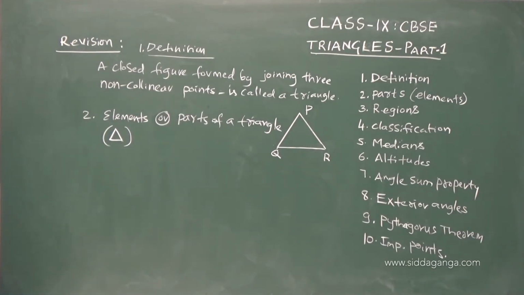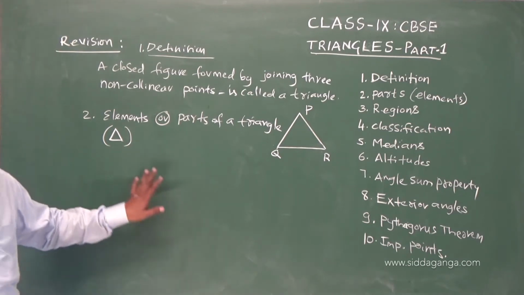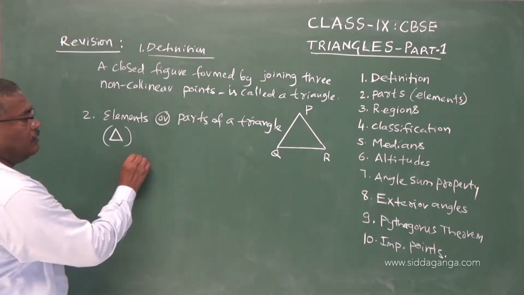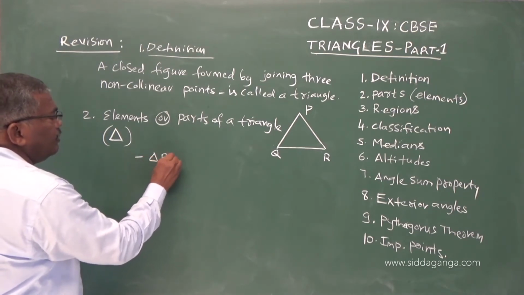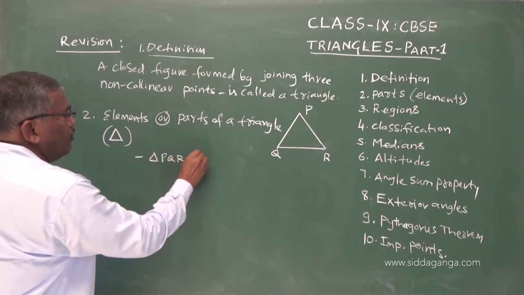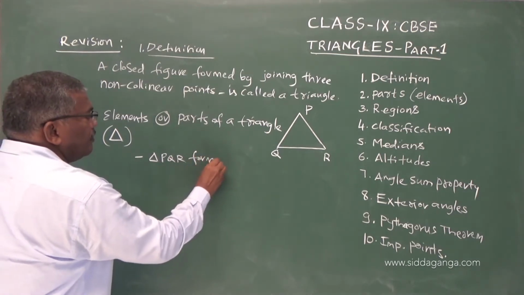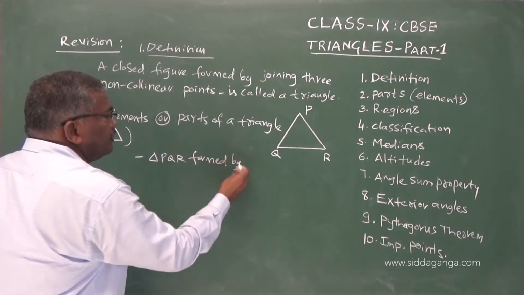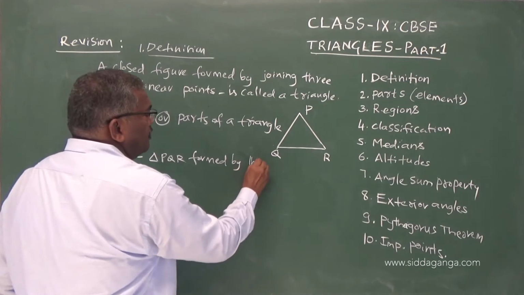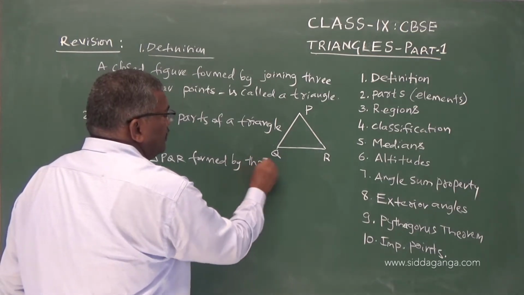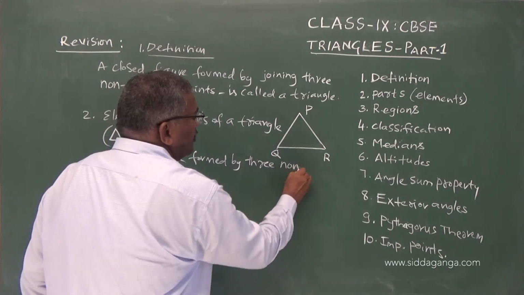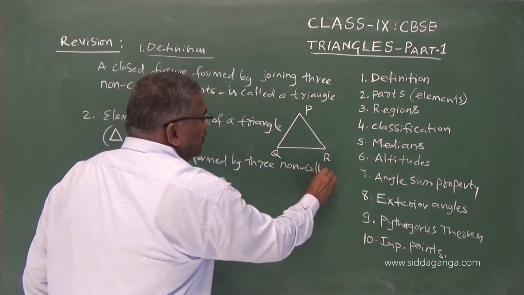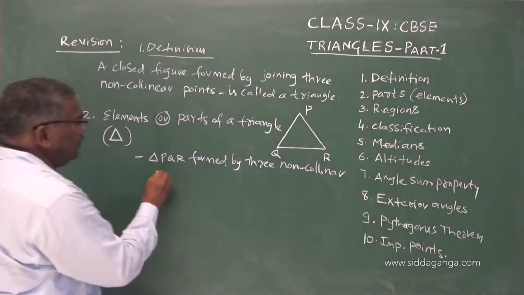I will write here: triangle PQR is formed by 3 non-collinear points.